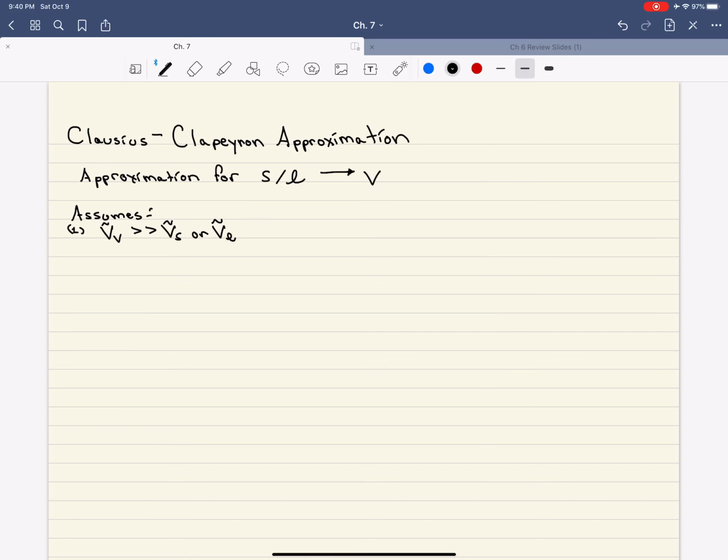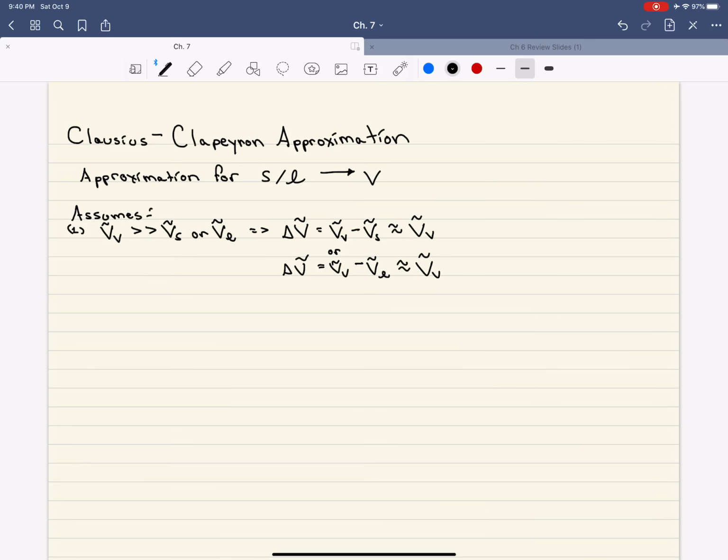Therefore, if we took a look at delta V, which would be either the vapor minus the solid value, or the vapor minus the liquid value, because the vapor value is so much larger than solid or liquid, essentially this delta V is just the V sub V value.